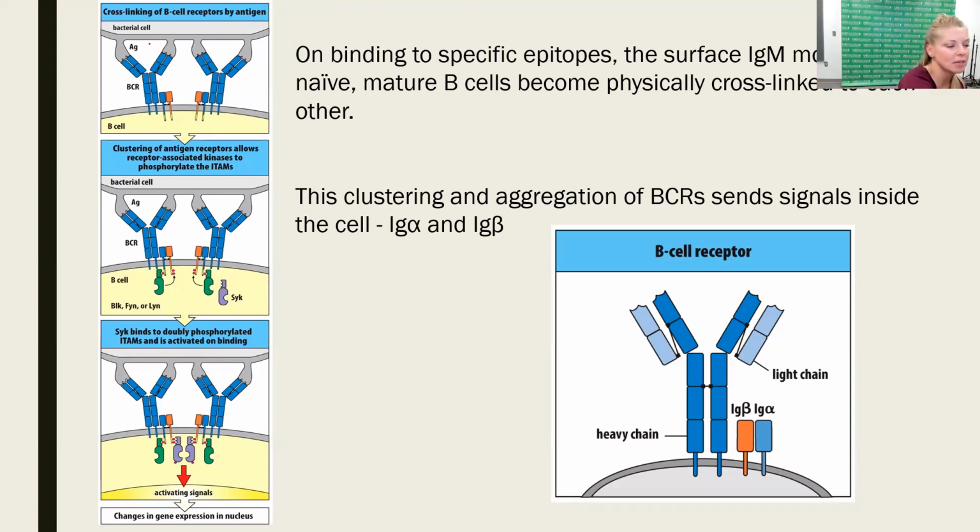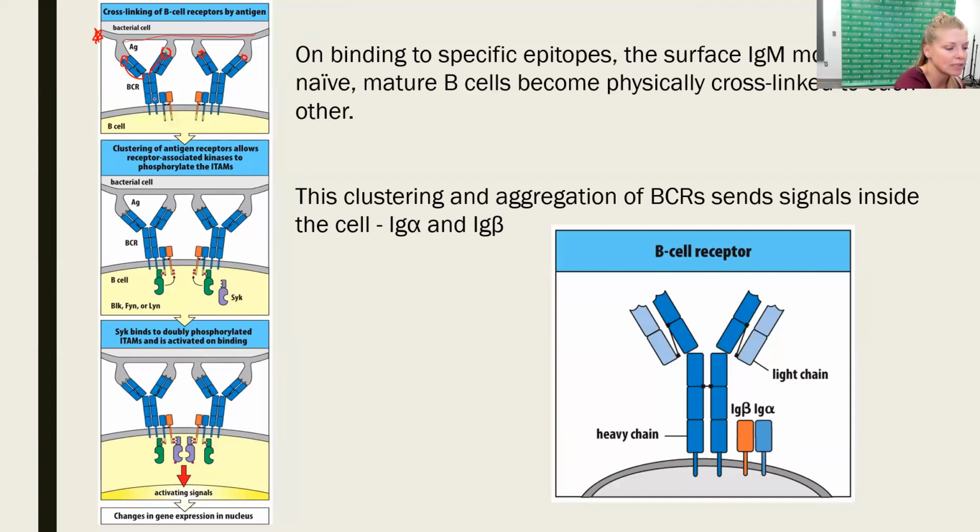So here is an image up here in the left corner, where we have our antigen, whether it's on the follicular dendritic cell or it's a bacteria cell, where the B cell is engaging with antigen. We have multiple engagement points happening, and that's called cross-linking.